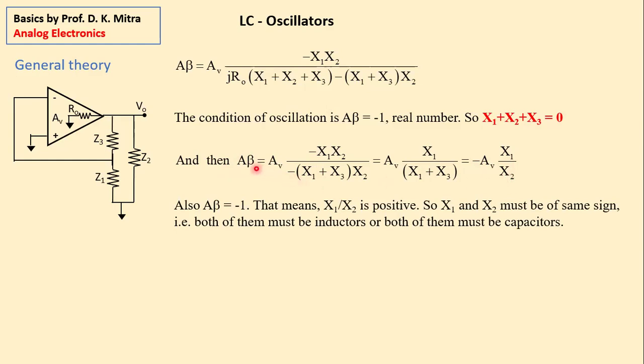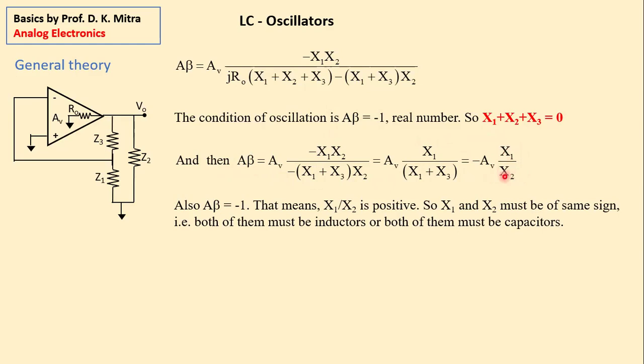Now we know A beta has to be minus 1. Now if this factor has to be minus 1, then X1 and X2 have to be of the same sign because there is a negative sign. Both X1 and X2 have to be positive or both have to be negative.